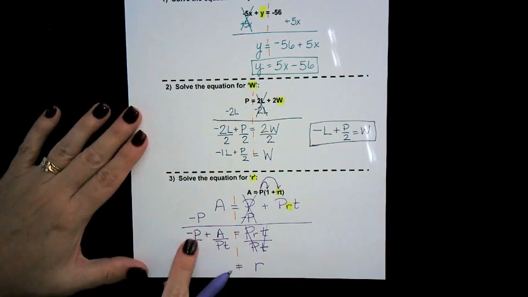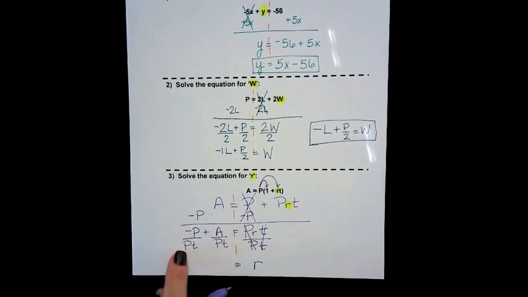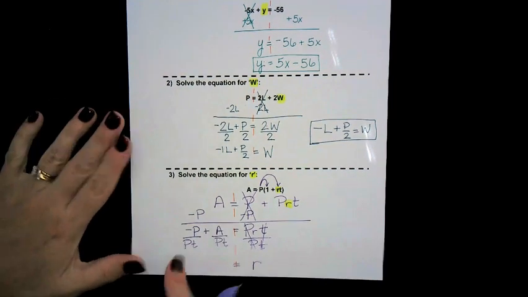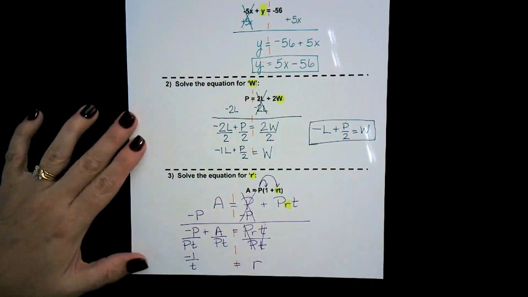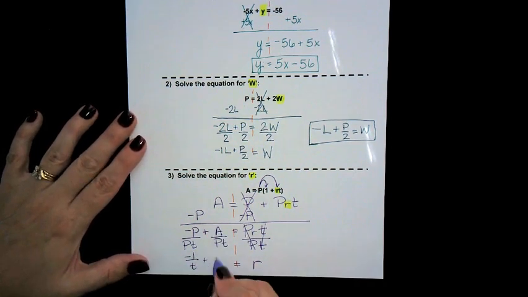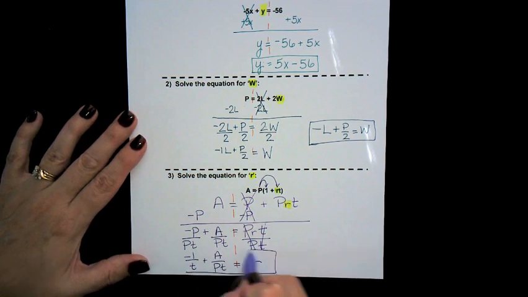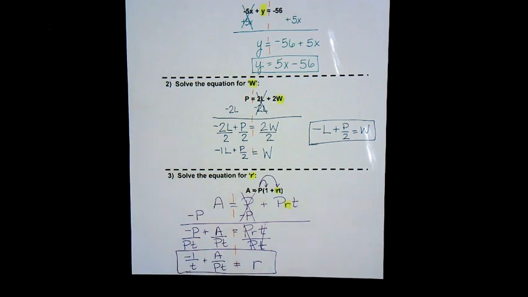This one's a little tricky. Negative p divided by p is negative 1, but I can't lose the 1 that goes on the top. So I got negative 1 over t plus a over pt. That doesn't look pretty at all, does it?